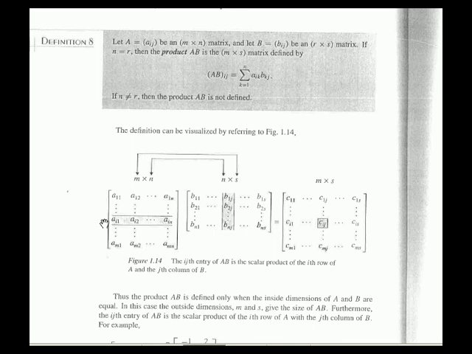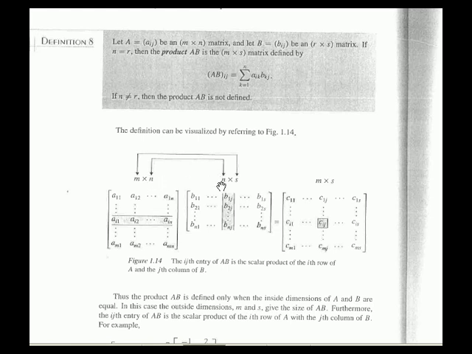Since to take the dot product of two vectors they have to have the same length, the length of this row, i.e. the number of columns in A, has to equal the length of this column, which is the number of rows of B. So if A is m by n and B is n by s, then those two have to be the same, otherwise you simply can't multiply them.